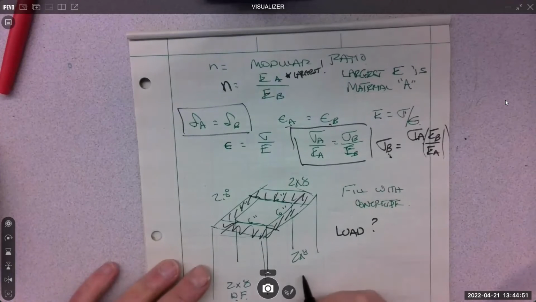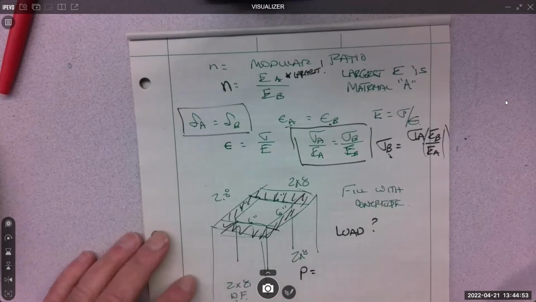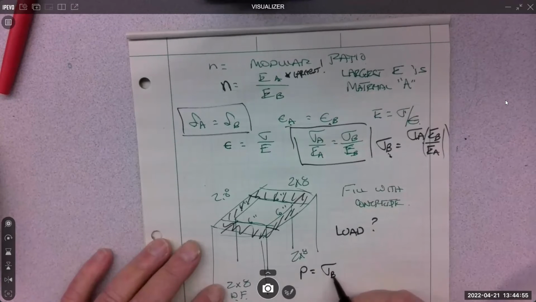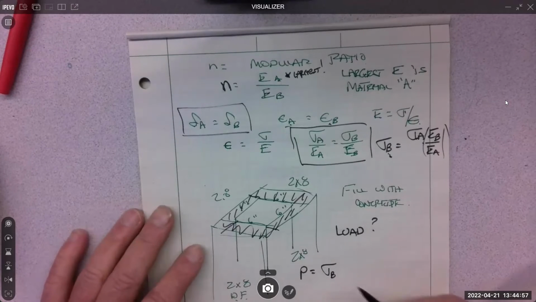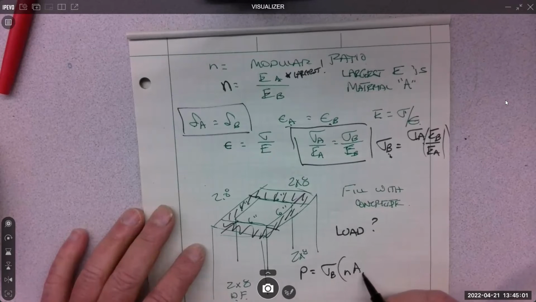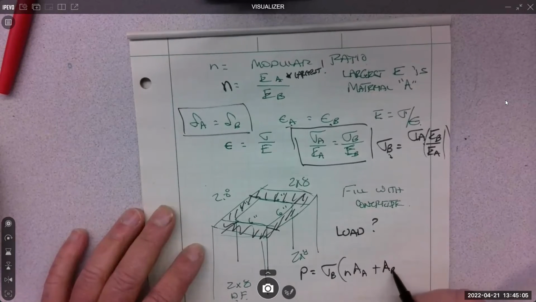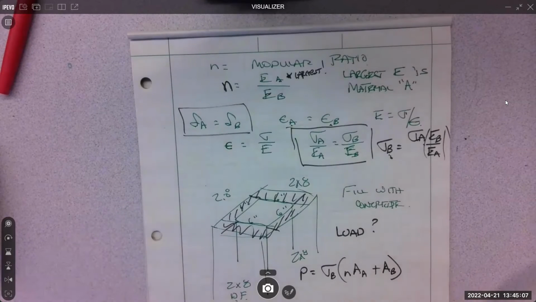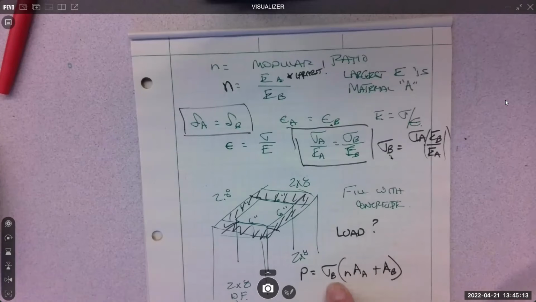So the equation is P equals stress in B times the quantity modular ratio times area A plus area B. B material is the weaker material, so I'm going to put in the limit for Doug fir here.